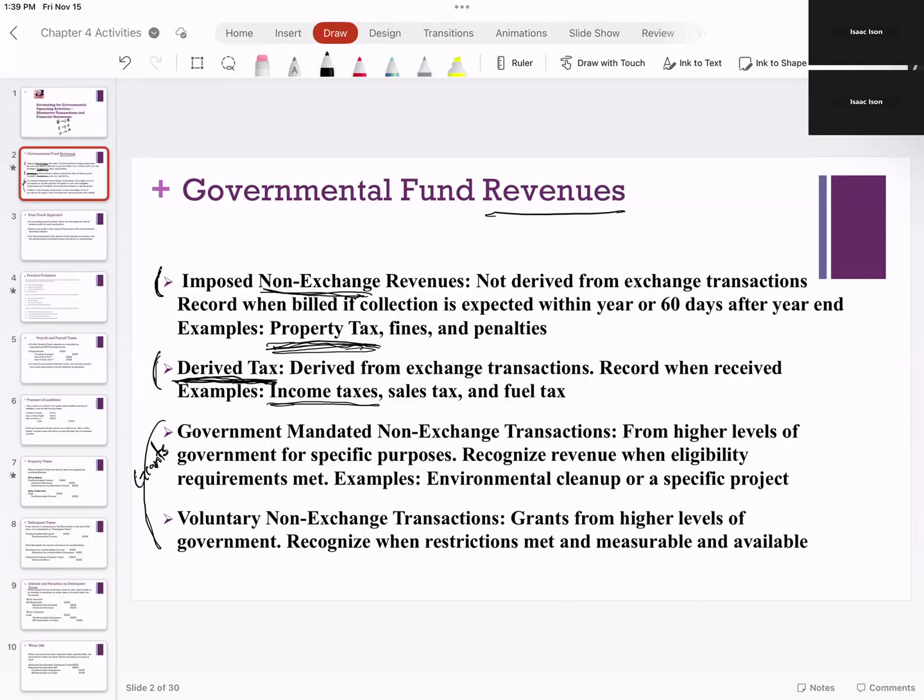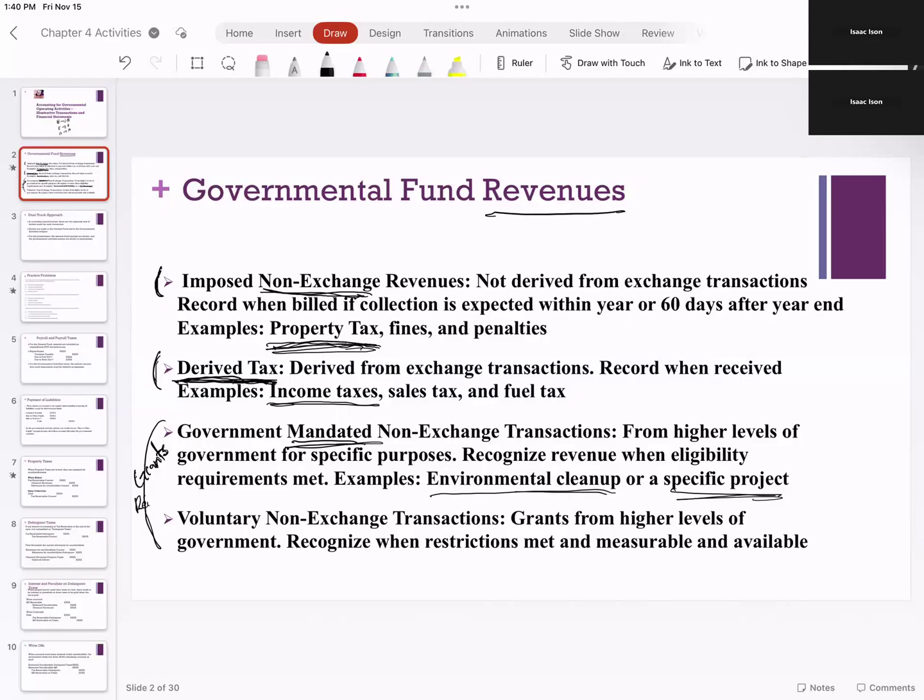Government mandated would be that some other government basically tells us we need to do something, but they also provide the money to do it. Okay, so like environmental cleanup or some type of project where we're receiving grant funding and it's mandated that we perform that project, whatever it is. Okay, now these grants are almost always on a reimbursement basis.